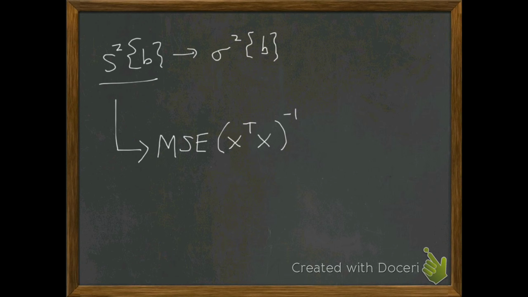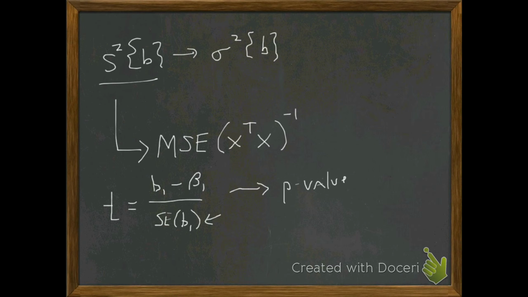The key ingredients of conducting inferential analysis is your test statistic, which is t, which will typically be our b1 minus our beta 1 divided by our standard error. Being able to find the standard error is clearly important because you can't find your test statistic without it. And guys, remember, this leads to our p-value, which is calculated under the t-distribution with a specified degrees of freedom.